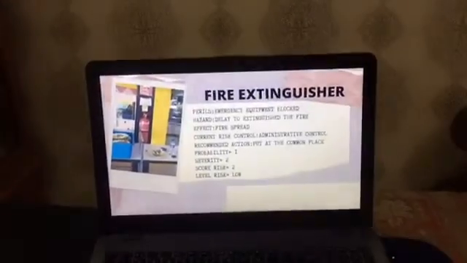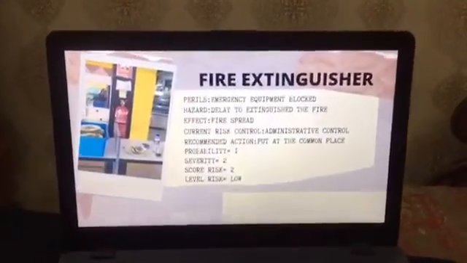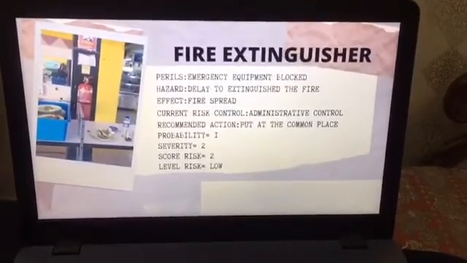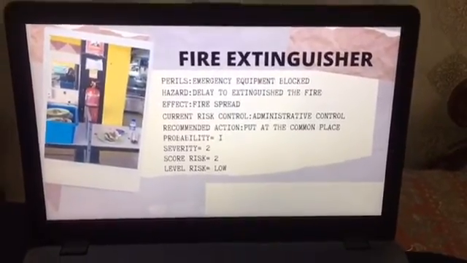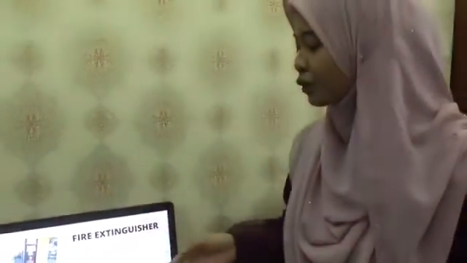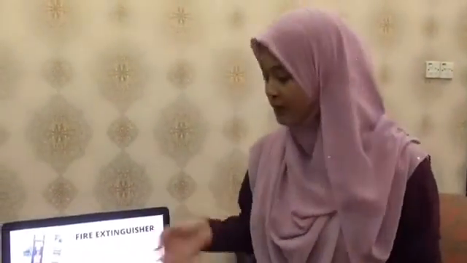I would like to continue about the perils and hazards in the cafeteria. The next one is the fire extinguisher, where the peril is blocked emergency equipment and the hazard is delay in extinguishing the fire. The effect is that fire can spread easily. The current risk control is administrative control, which introduces work practices that reduce the risk.